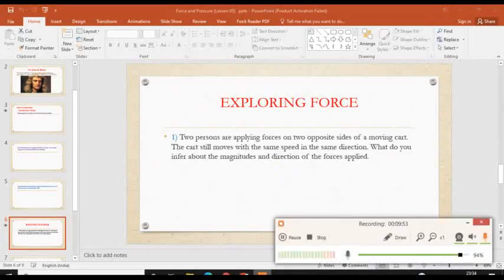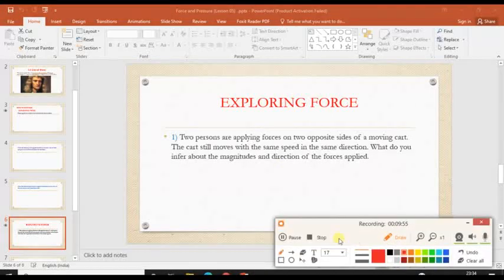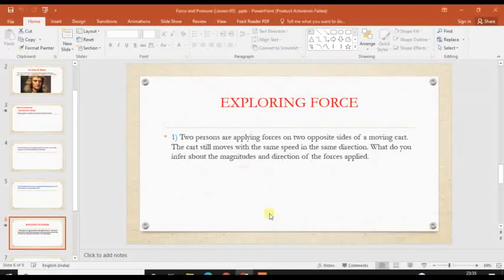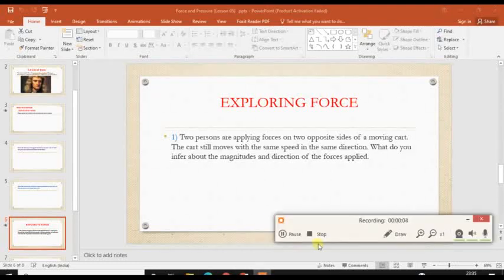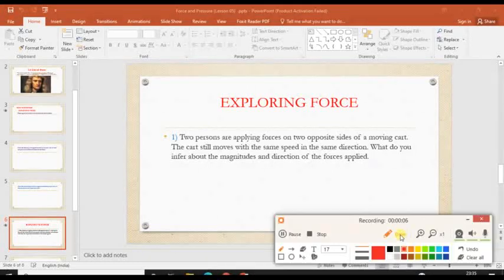Okay, let me draw and show you the situation. I will take the cart first. The cart is like this.